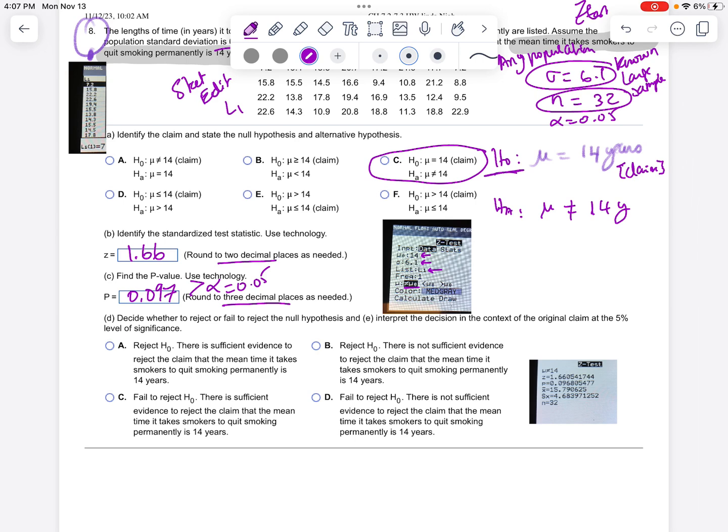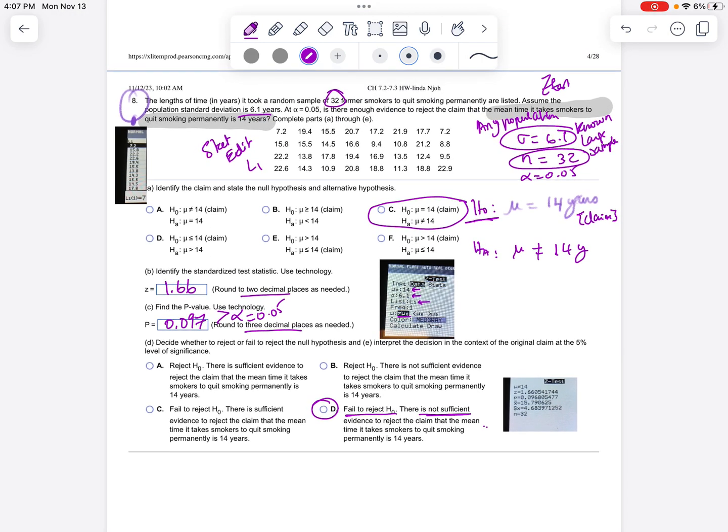So there is not sufficient evidence to reject the claim. Yeah, it's D. If you're failing to reject the null, it means that you don't have enough evidence to reject it. Yep, that's D.